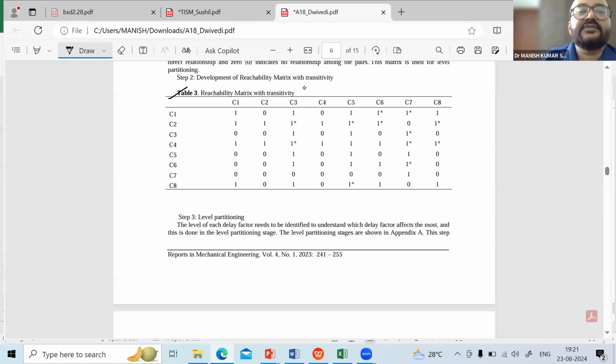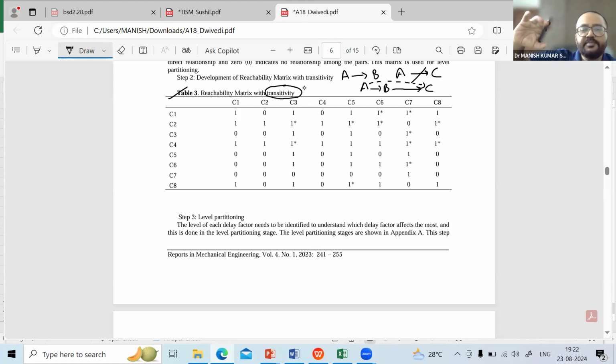I told you what transitivity is. Transitivity is where, for example, A is impacting B, and A is not impacting C. But if A is impacting B and B is impacting C, it means we have a transitive relation between A and C. A is directly influencing B, and B is directly influencing C, but with this phenomenon there is also an indirect relationship: A is indirectly influencing C. The vice versa can also be true.